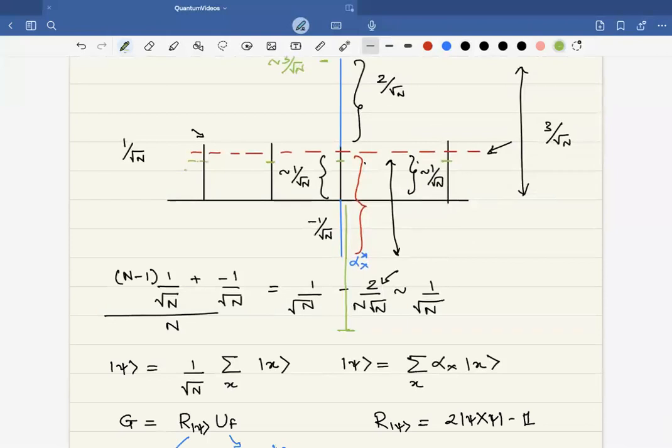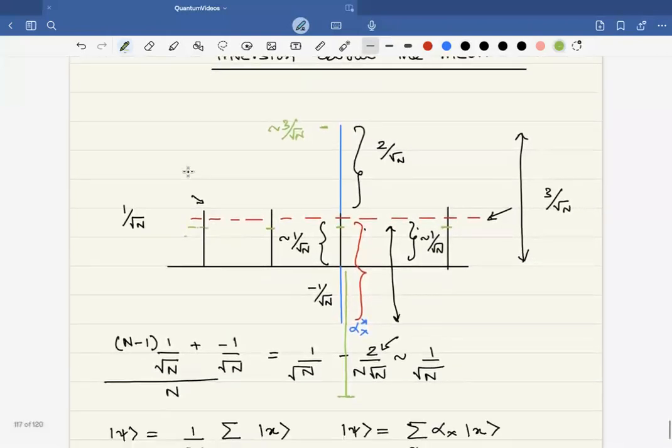And then in the inversion about the mean, this will end up being over here, which is nearly 5 over square root of n, and so on. So basically what's happening is that Grover's iteration is amplifying the amplitude of the marked element by approximately 2 over square root of n each time. It's not always exactly that, but approximately.